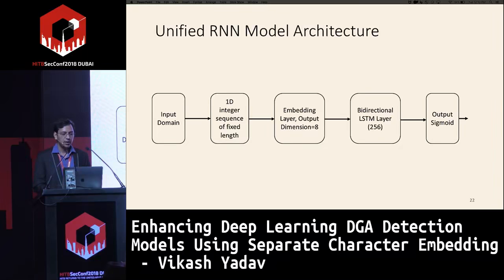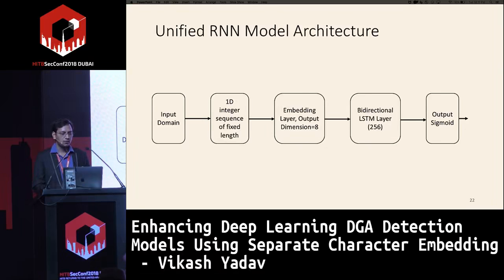It then passes through an LSTM layer, which remembers which character sequences are for normal good domains versus which are for DGA bad domains. The output is a number between 0 and 1, which represents the probability of the input domain being DGA. The higher the number, the more probable that the domain is a DGA. So we train this model on our data.